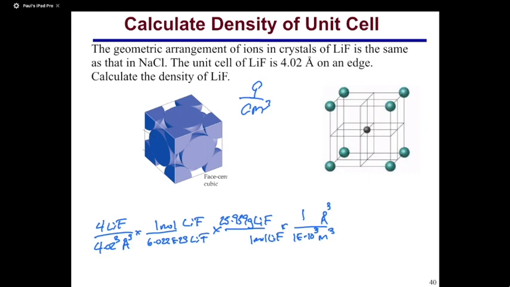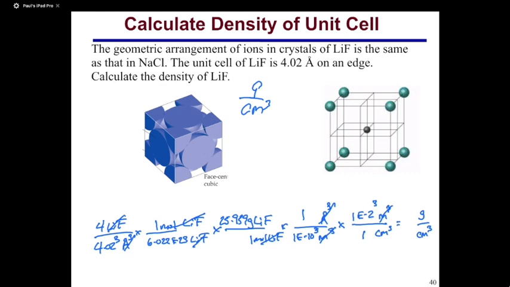I now have grams per cubic meter. Is that good? I've got to get grams per cubic centimeter. So cubic meter to cubic centimeter. 1 centimeter is 1 e to the negative 2. But what do I have to do to that number? Cube it. And I will cancel out cubic meter. I will cancel out cubic angstrom. I cancel out numbers of lithium fluorides, moles of lithium fluoride, and I get grams over cubic centimeter.